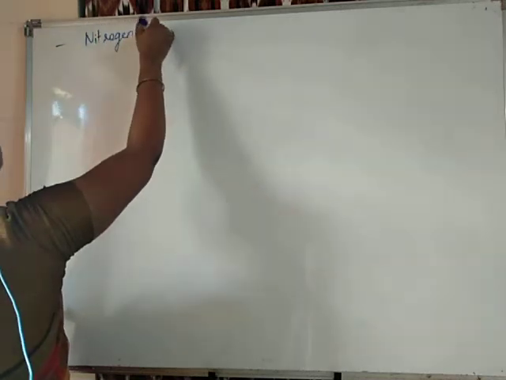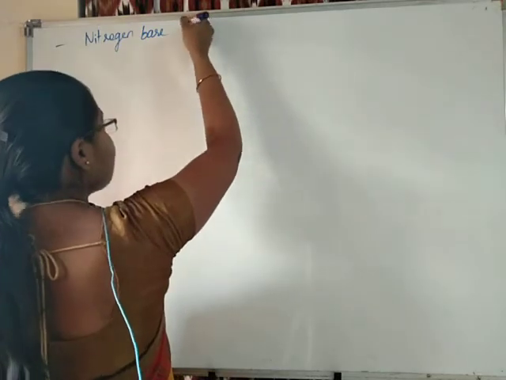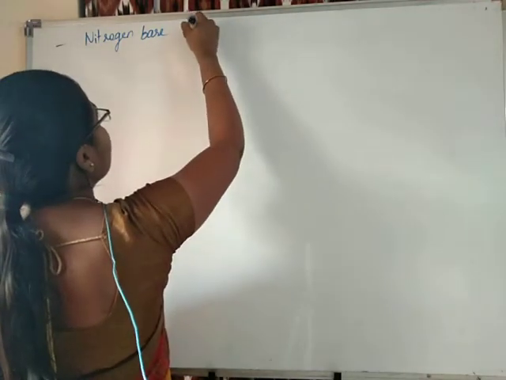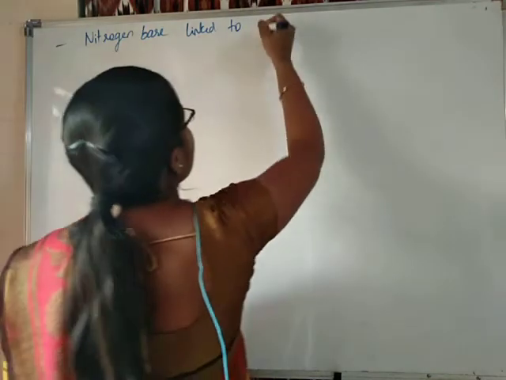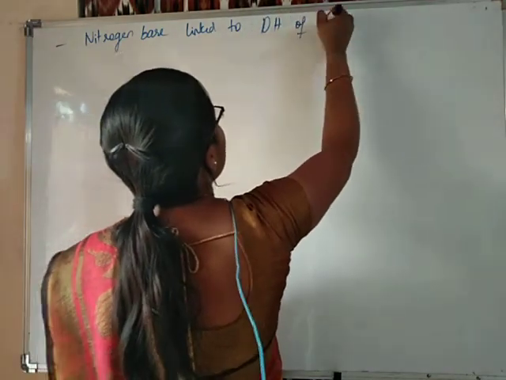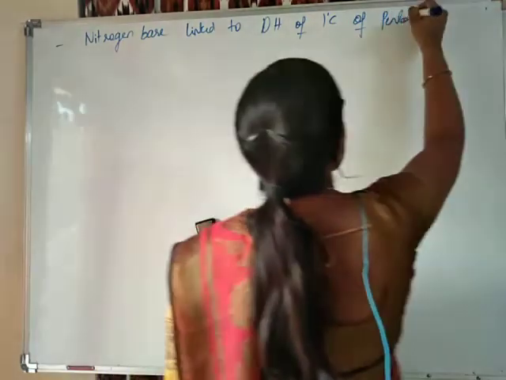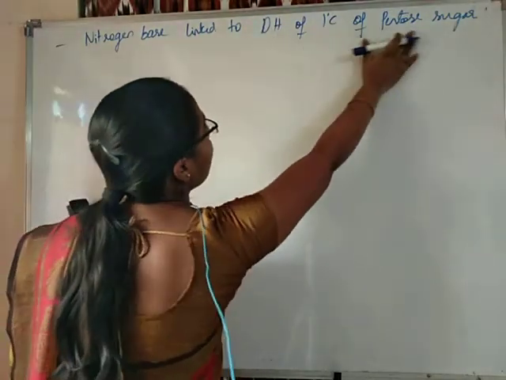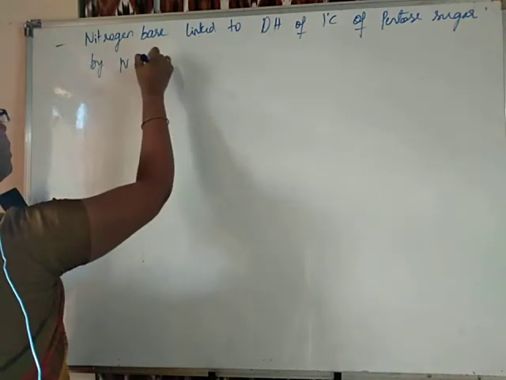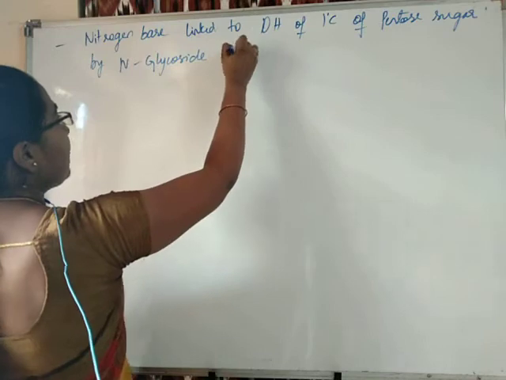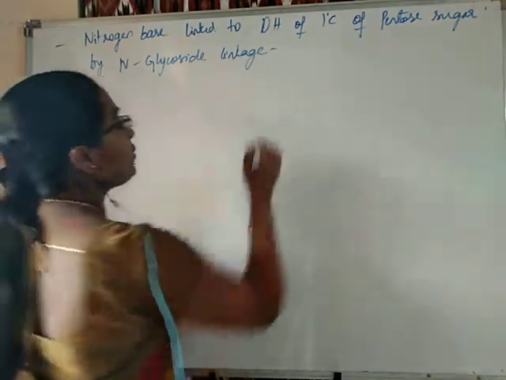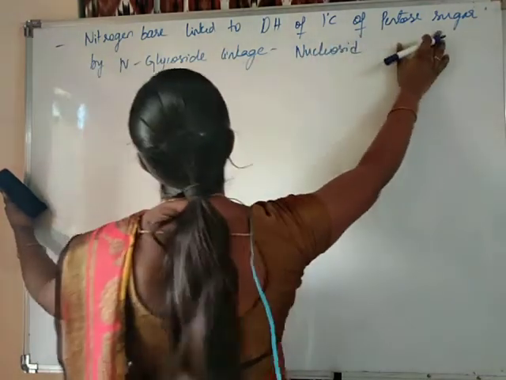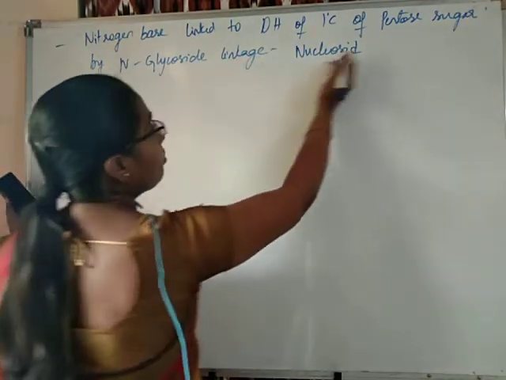This nitrogen base gets linked to the OH group of the first carbon of the pentose sugar by an N-glycosidic linkage. This results in the formation of a nucleoside. A nitrogen base links to the OH of the first carbon of the pentose sugar by N-glycosidic linkage to form a nucleoside.